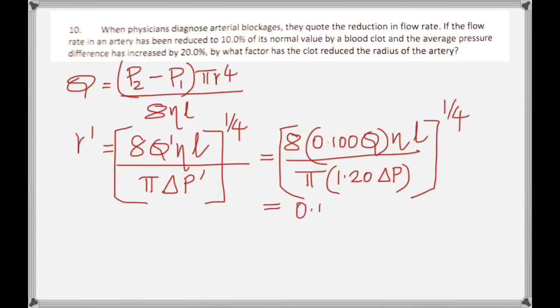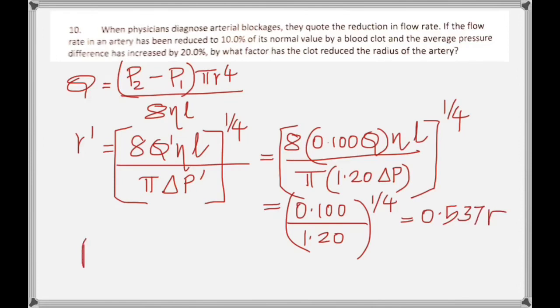And then plug in the given terms. Let me tell you what I did. The quantities that did not change will just get cancelled. The 8 and the pi, all those will get cancelled. So the only quantities that are given are the 10% reduction in the flow rate, so the new one is 0.1 Q, because 10% is 0.1.